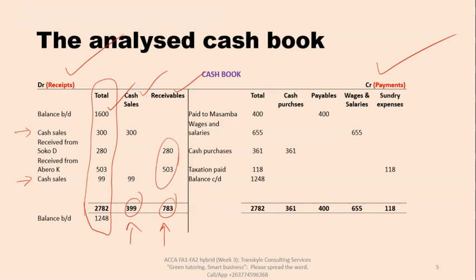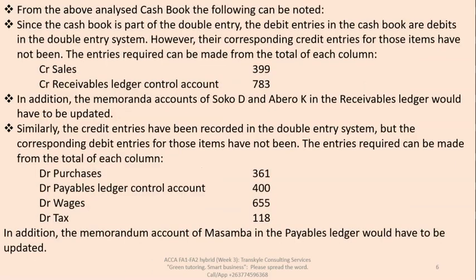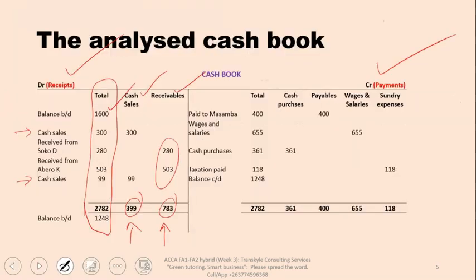Now, from the above analyzed cash book, the following can be noted. Since the cash book is part of the double entry, the debit entries in the cash book are debits in the double entry bookkeeping system. Like I have indicated earlier, the cash book is actually the cash account of the business.